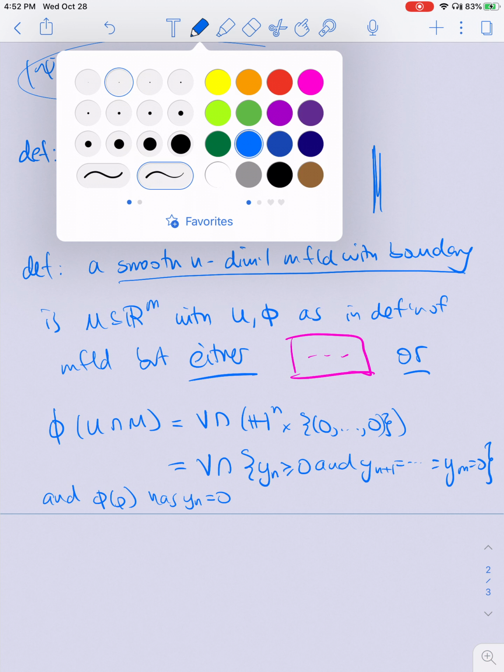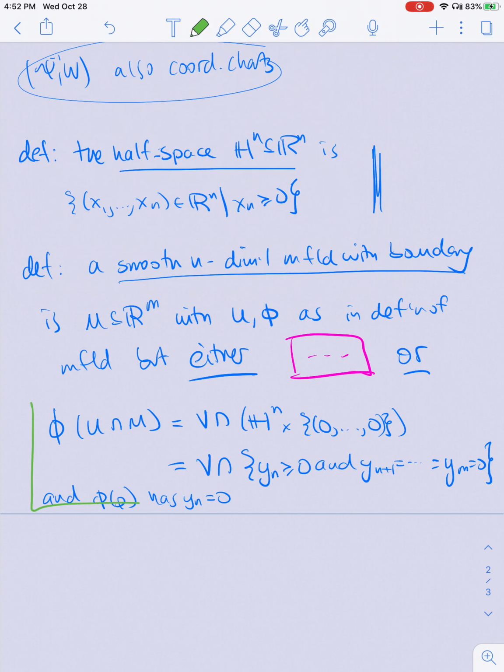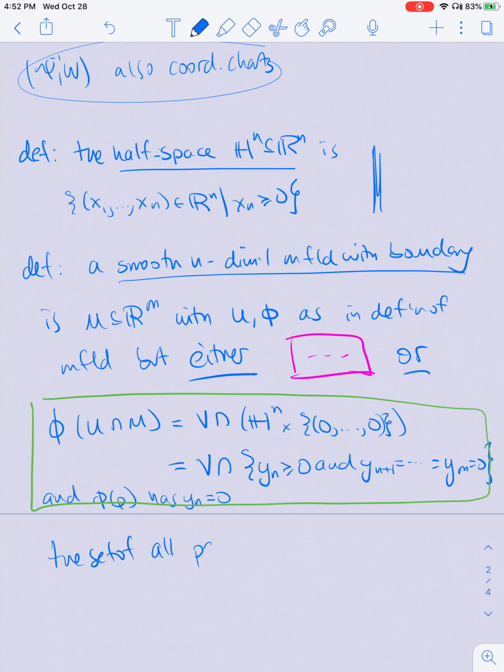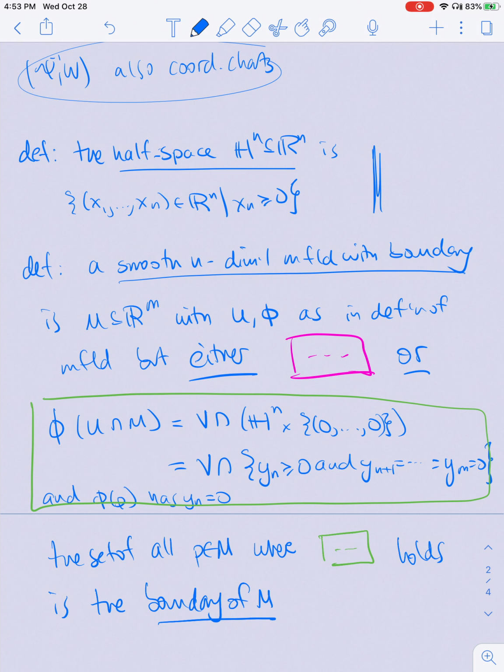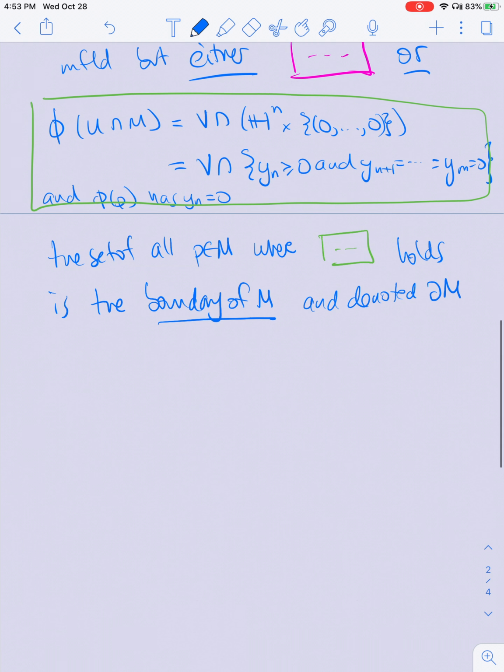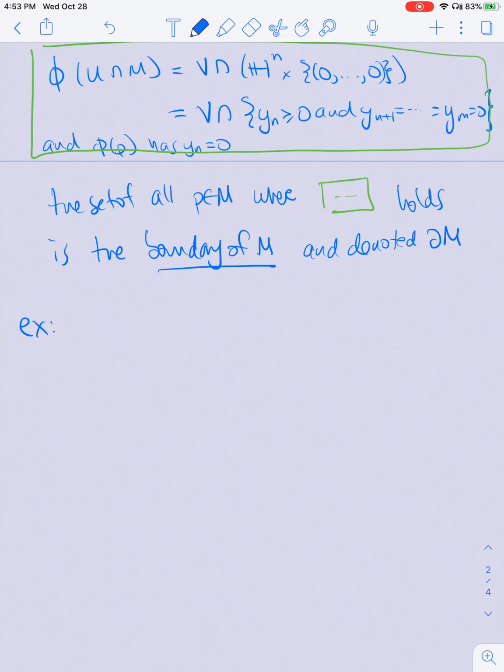I'll box this in green. The set of all P in M where the green condition holds is called the boundary of M, and it's denoted by boundary of M.